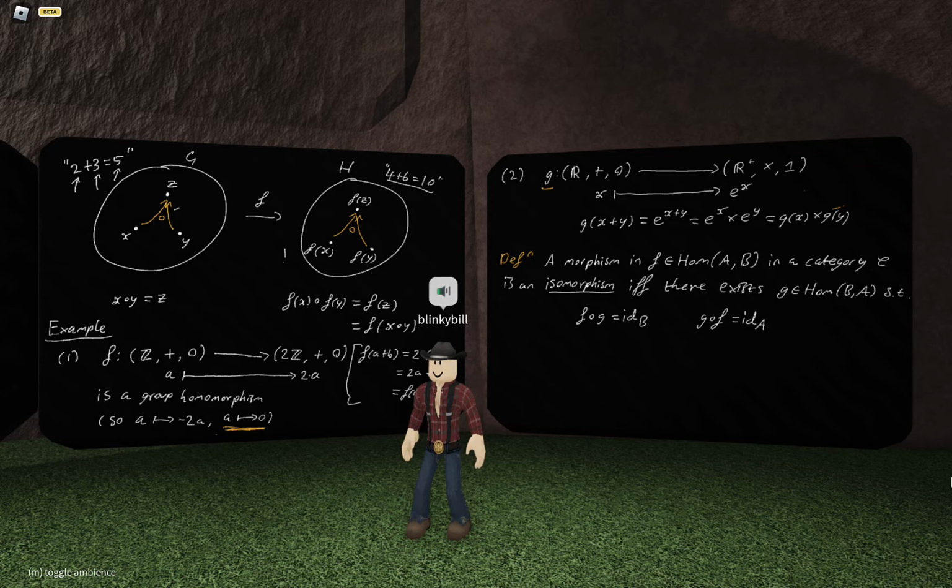I think a picture helps here a little bit. There's our objects B and A, and here's our morphism F and the morphism G. There's the identity on B and the identity on A. Oops, I should draw the arrow.